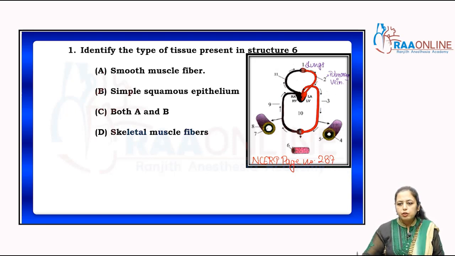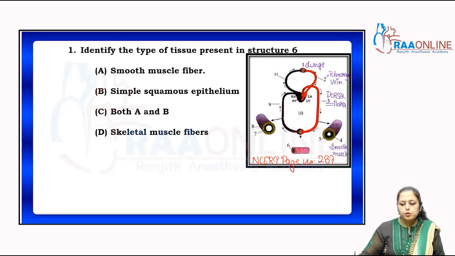So what will happen now? That is the dorsal aorta. The third one is the dorsal aorta. Clear? The fourth one shows the smooth muscles.